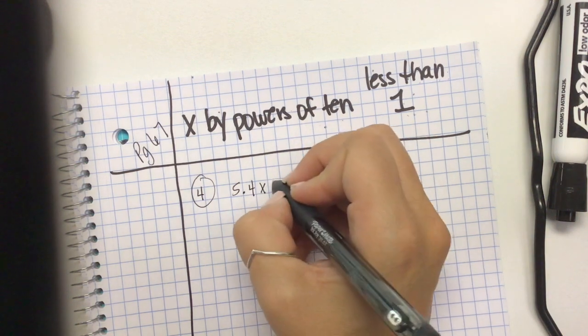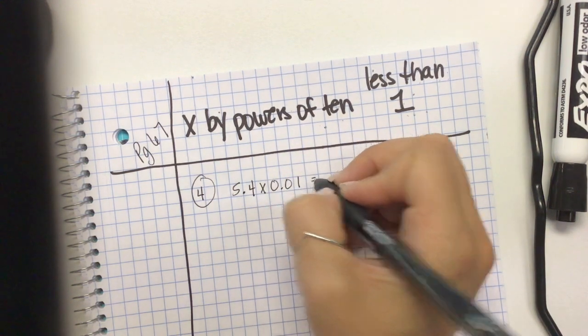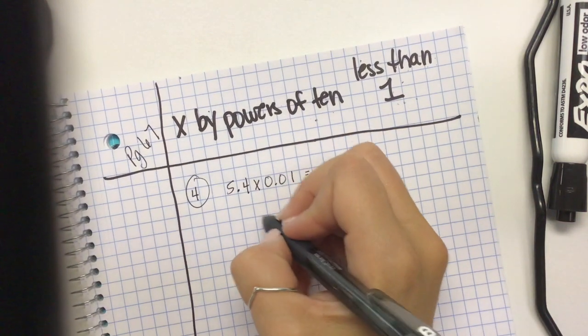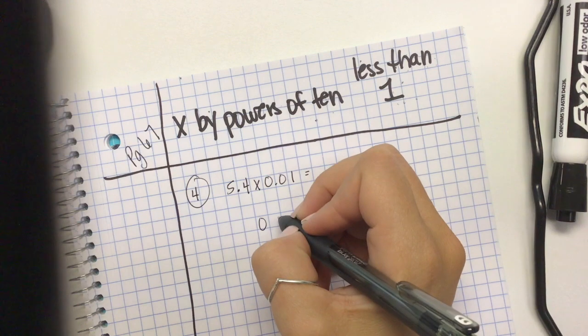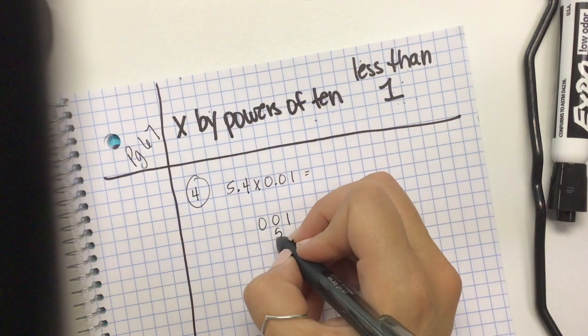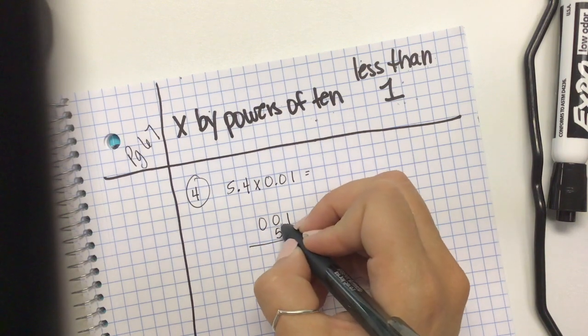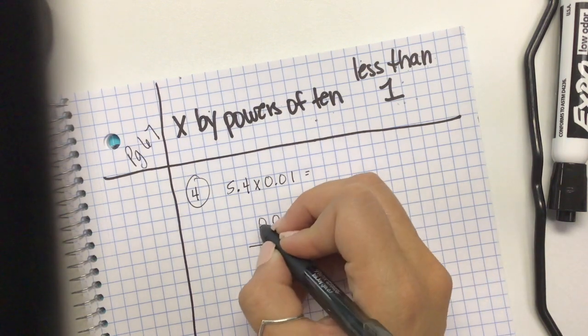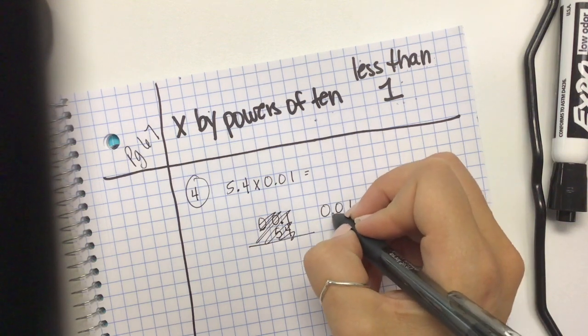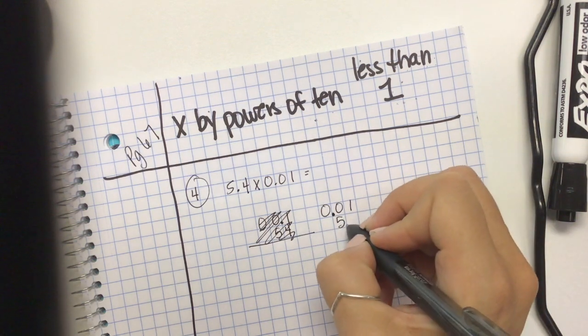5.4 times 0.01. Well, we learned recently that in order to multiply decimals, you want to definitely multiply the numbers first by ignoring the decimals. Oops, I wrote that wrong. Darn it. 0.01, the decimal's here, and then 5.4.